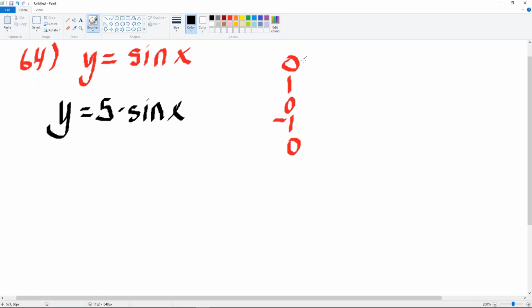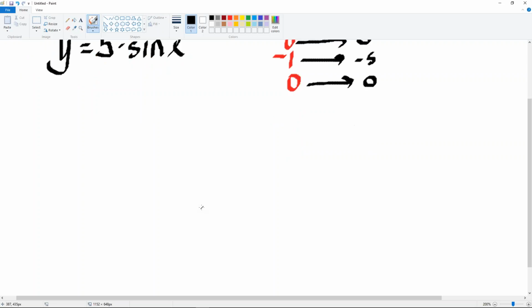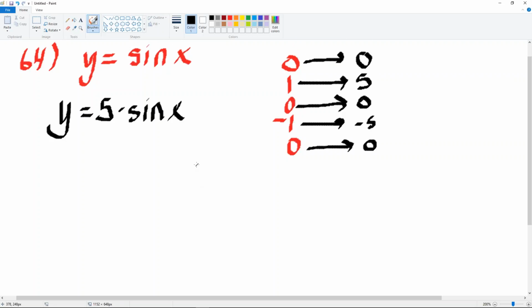That means you multiply each of those magic numbers by 5. So if you do that, your new magic numbers will be 0, 5, 0, -5, and 0.